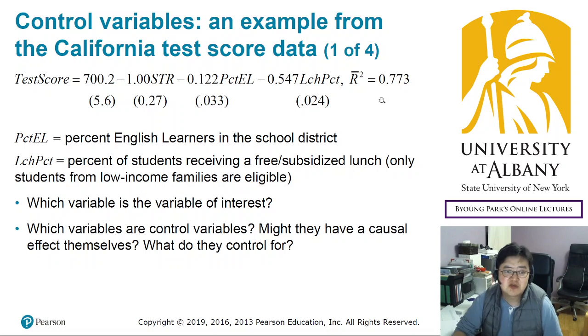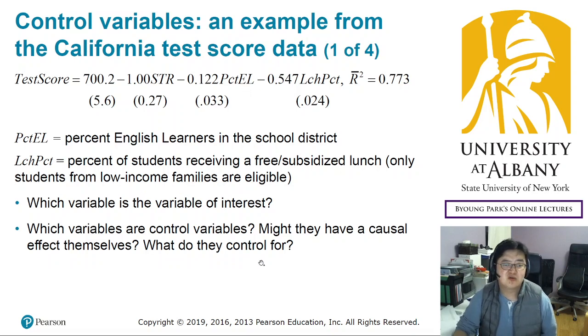So then in this regression, it is clear that we would like to find the causal relationship between test score and student to teacher ratio. The other variables are not our variables of interest. We are not interested in their effects on test scores, even though we need them. For this estimate to be correct, we need to include these control variables.